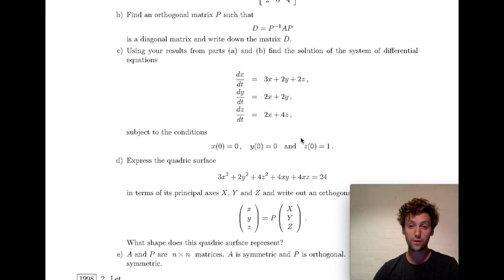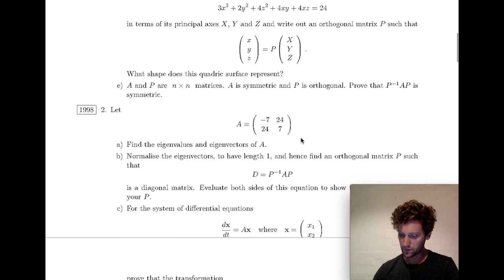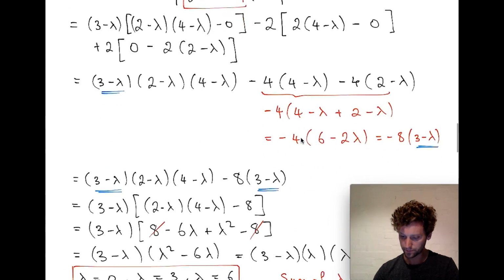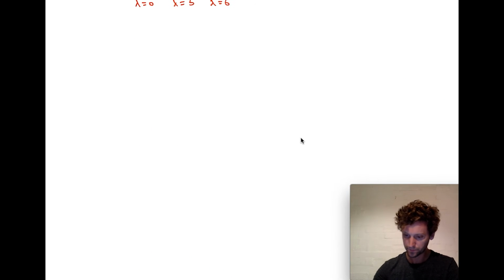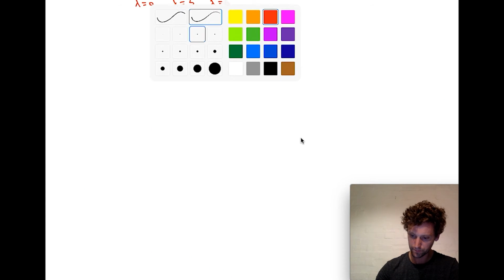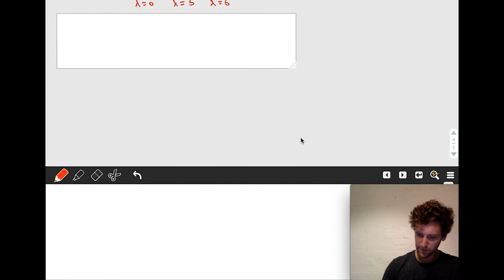First thing to do is to notice that this actually does form a differential equation involving my matrix A. And then we're going to solve that using the initial conditions that were given there. So let's take a look at that. This is part C.